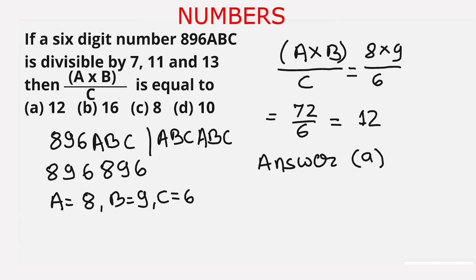And from the given options, our answer is option A, 12. This we have to memorize that any number of the form ABCABC is divisible by 7, 11 and 13. Hope you have understood the method of solving such type of questions.